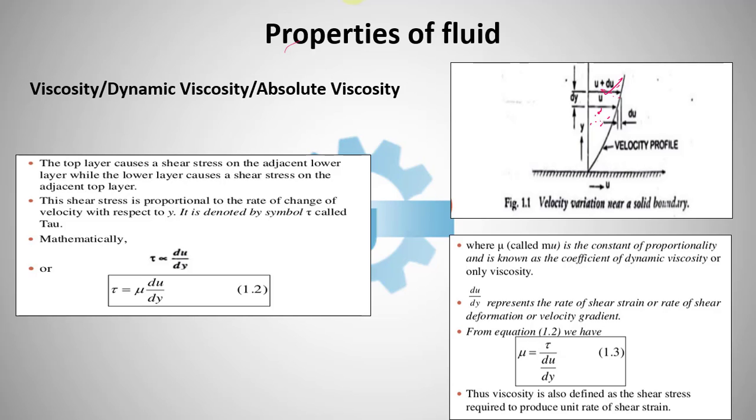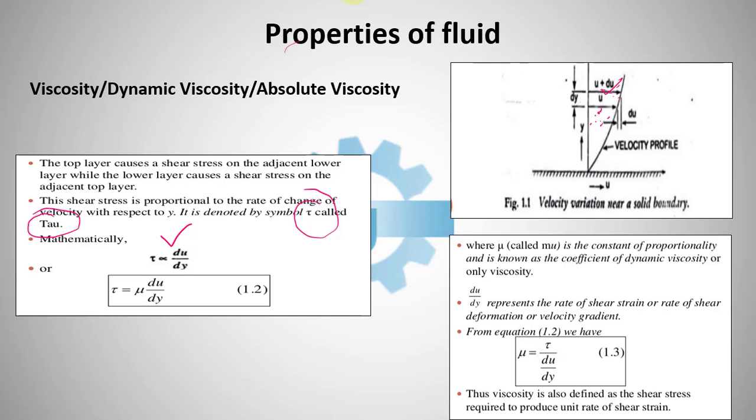The shear stress is proportional to the rate of change of velocity with respect to y, which is denoted by a symbol tau. So mathematically we can say tau is proportional to du by dy, or tau equals mu du by dy.